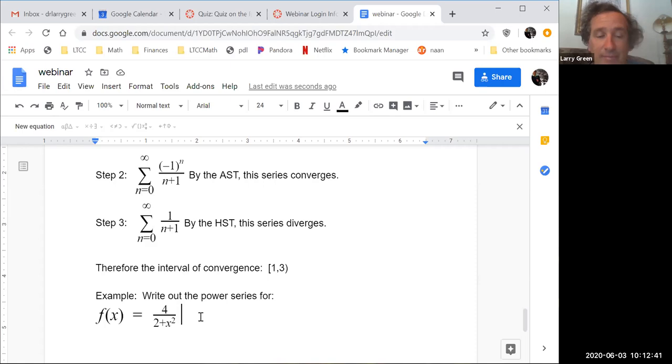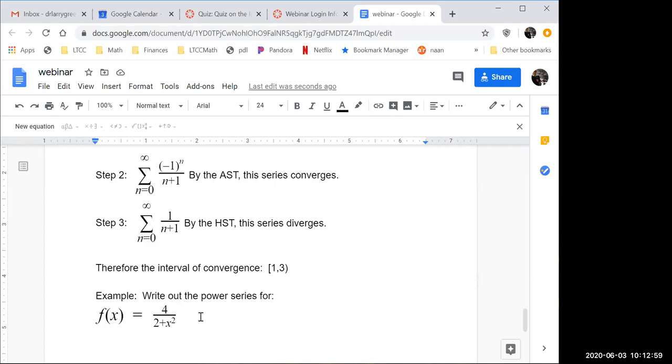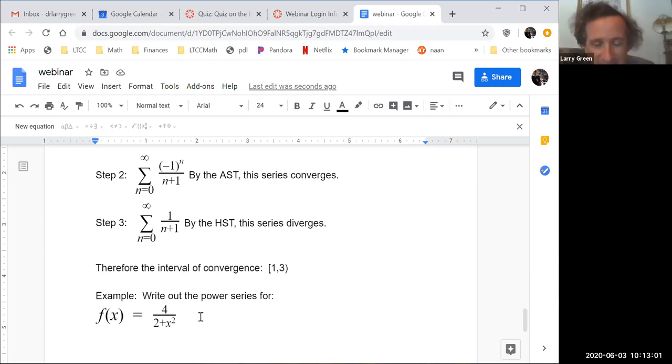Well, how do you do it? What does this look like? And the hint is, there's only one function you know how to find a power series for. Yeah, geometric series. All right, what's in the way? The x squared, and also the 4 and the 2.